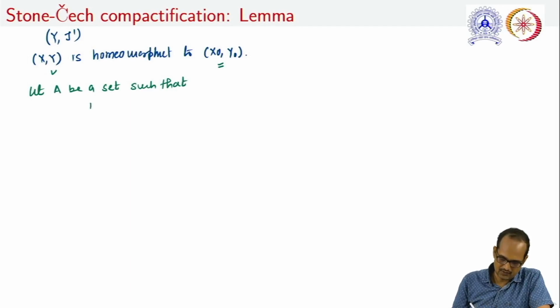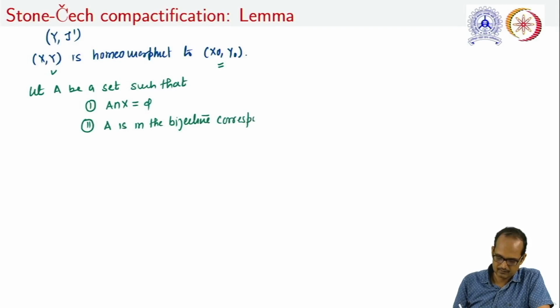The first one is that it is disjoint from X, and the second one is that A is in bijective correspondence with this difference, that is y naught minus x naught.